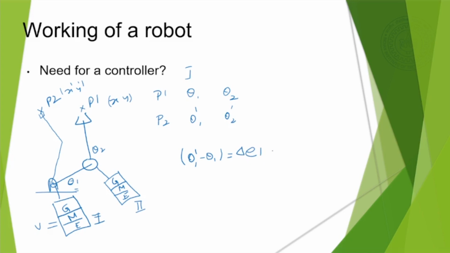This is the error in joint 1, which means the joint has to move by that much angle. Similarly for theta 2, it computes theta 2 dashed minus theta 2 to get the difference E2. That means joint angle theta 2 has to move by this much, and joint angle theta 1 has to move by that much.